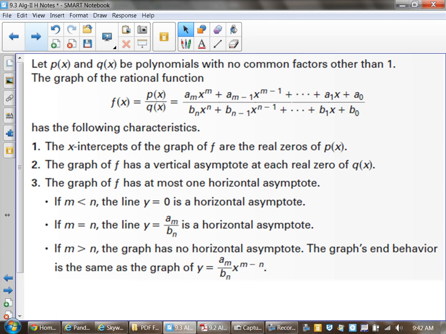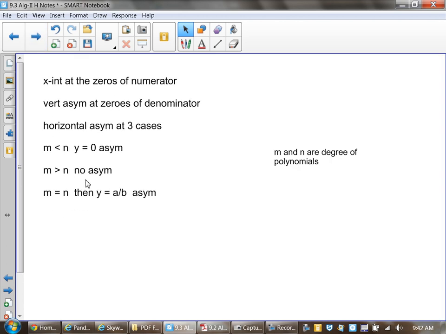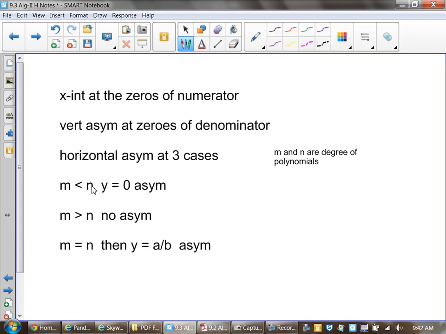What happens here is that if you're dealing with your polynomials again, P of x divided by Q of x, there are following rules. And I'll explain all of this with some examples throughout. These are your rules. And this is for graphing P of x over Q of x.